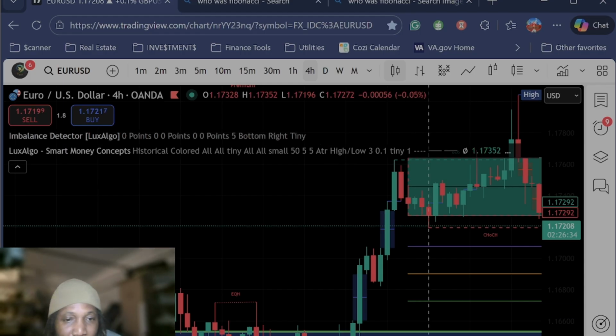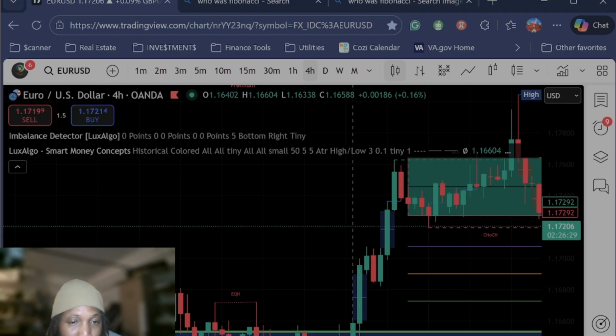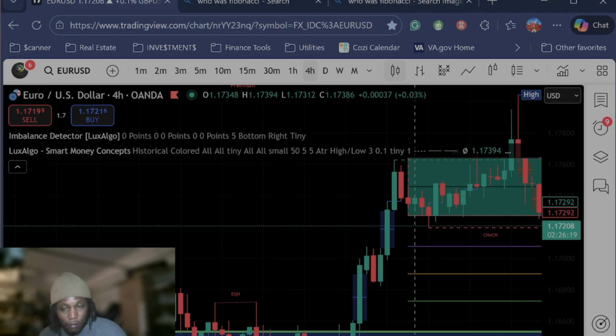Whenever a candle is unbalanced, when this candle formed right here, this wick right here was broken, and price never came back and retested it. Price always breaks and retests.